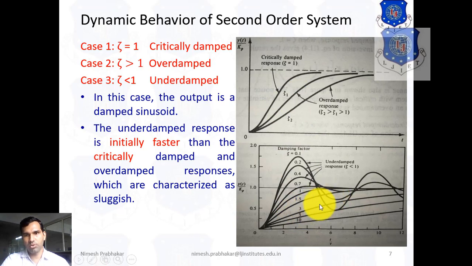The overdamped response with zeta 1.5 is sluggish compared to the underdamped response.